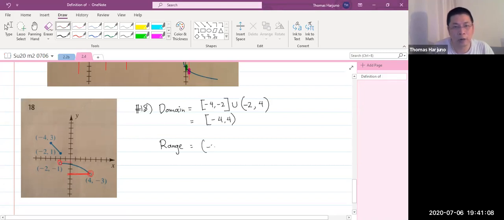So -3 up to -1. And then we continue from 1 up to 3, including 1 and including 3. That will be the range.